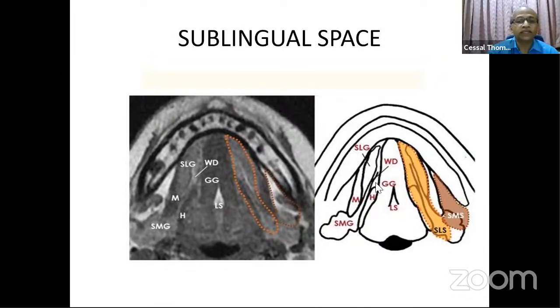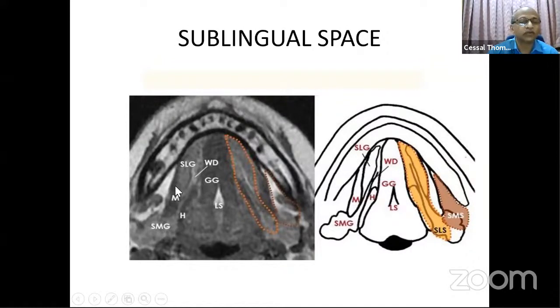And one more space here, further lateral. Here again is a hyperintense area, so fat. This is just inside the mandibular cortex. Just remember, this is not the sublingual space, this is the submandibular space. How the submandibular space comes here, we will come to know later. In between the sublingual space and submandibular space, you are seeing one muscle.